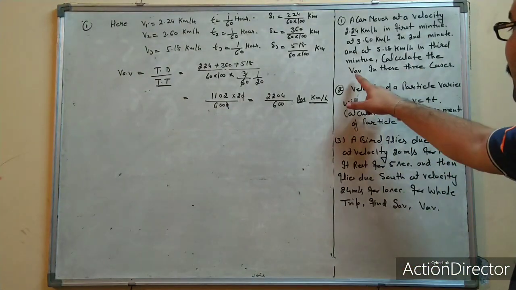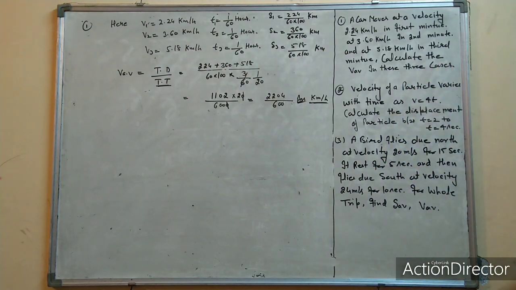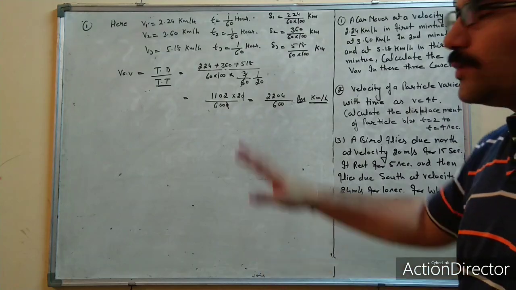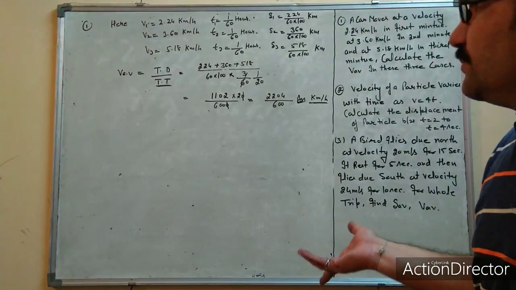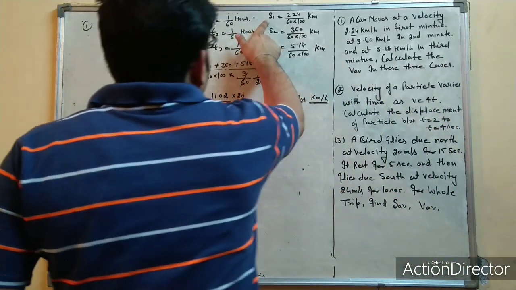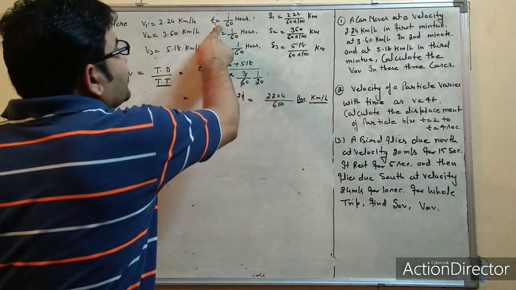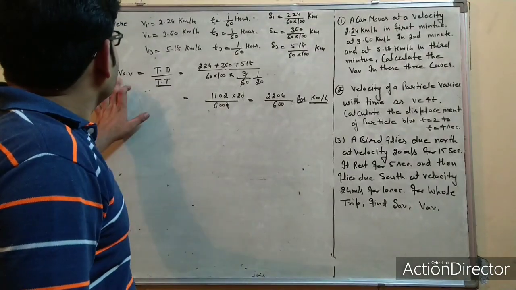Now calculate the average velocity in these three cases. This is the complete journey for the first case. If you want to find it for the different cases, it is very simple. This is the total displacement in the first case. What is the time? Divide this and get the answer, the velocity.